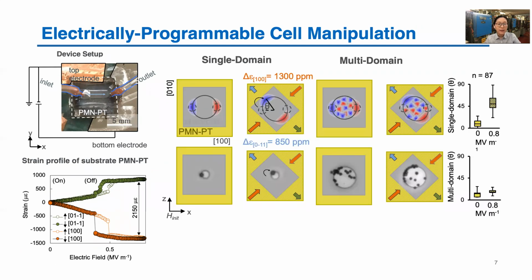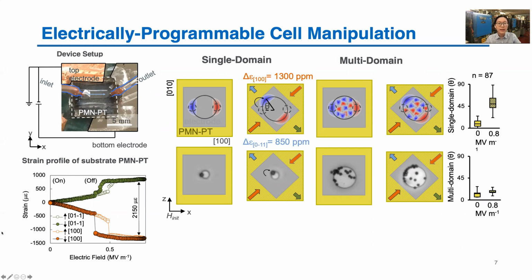And when we apply a voltage of 400 volts to the top and bottom surface of the 011 PMN-PT, it could generate strain up to 2150 ppm. The magnetic domain would reorient due to this electrically induced strain, which induces a new easy axis along the 01-1 direction for the single domain.